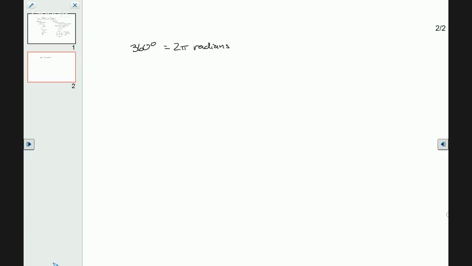Any ideas on a formula based on that? No? Okay. If I take some number of degrees, what do I need to multiply it by to get radians? You answer that question. Times 2 pi?